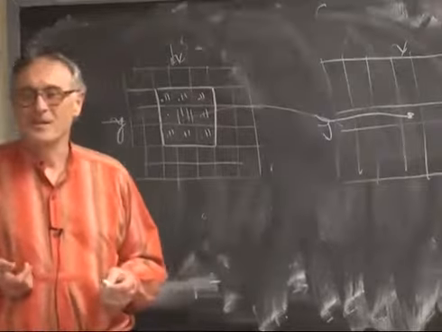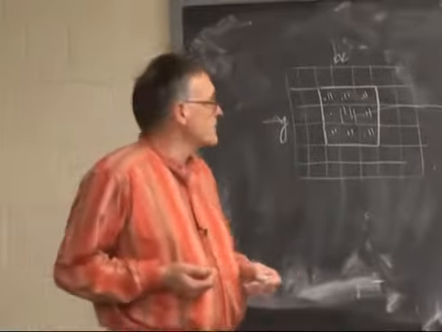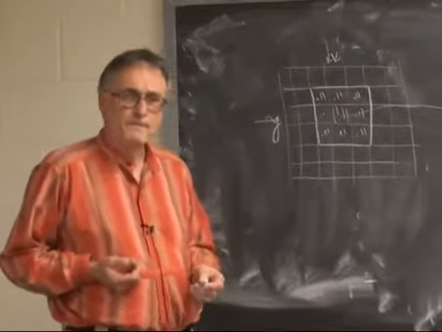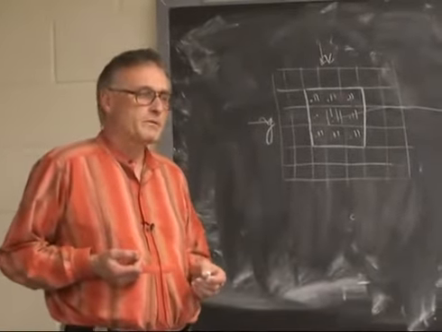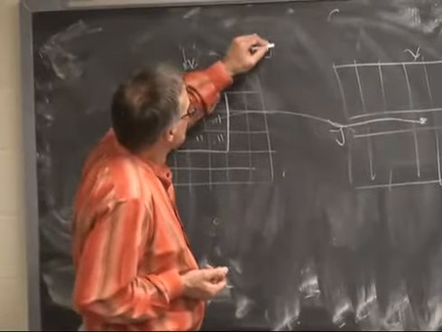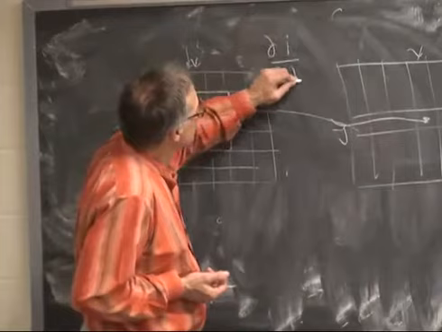But you can do an amazing number of things with the convolution filter. For instance, how would you take the spatial derivative? How would you take the first derivative in x? So I want the partial of the intensity with respect to x.